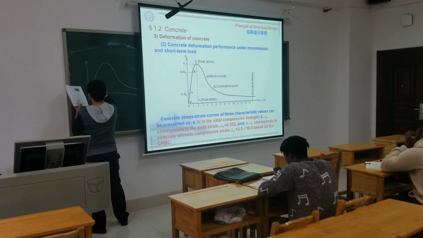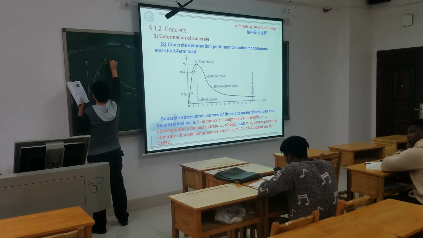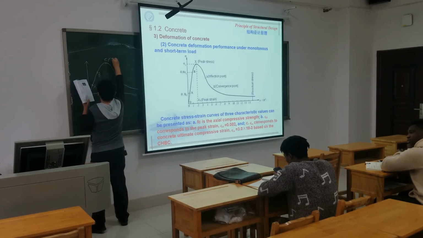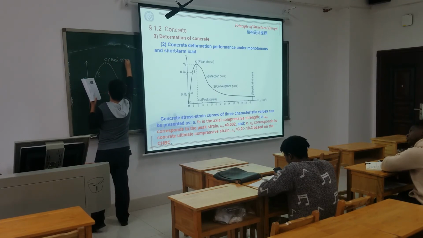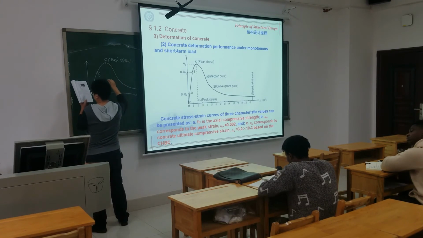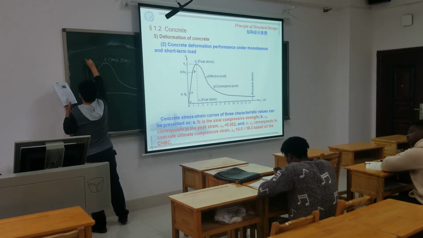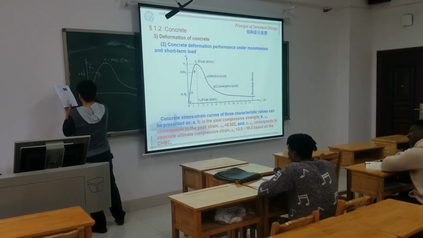Here we have A, B, C, D, E. Here C is FC, and here is 0.8 FC, here 0.3 FC.